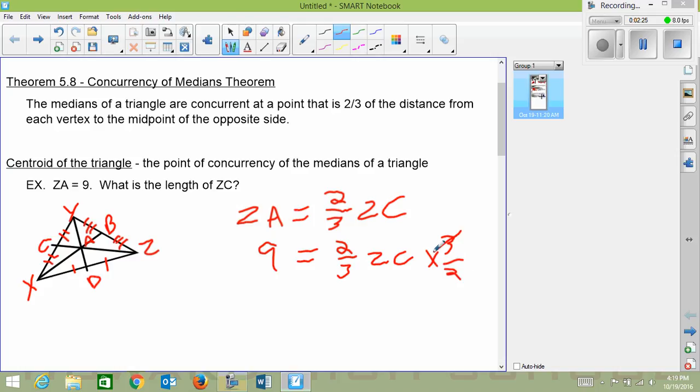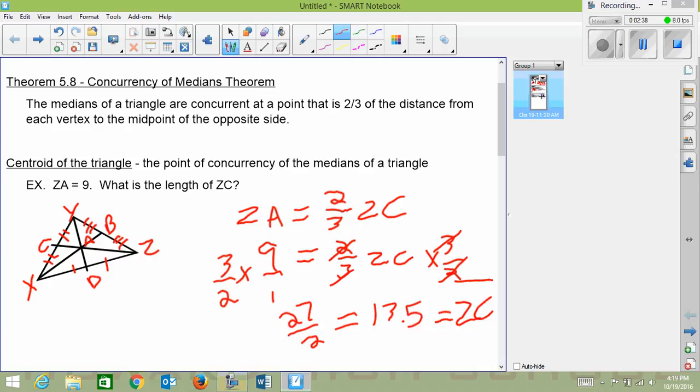So multiply times 3/2 gets rid of that. Come over here and multiply by 3/2. So you'd get 27 over 2, which is 13.5. So that equals ZC. So knowing that point A in the middle there is 2/3 of the way across, I can solve then what the actual distance of the whole median is.